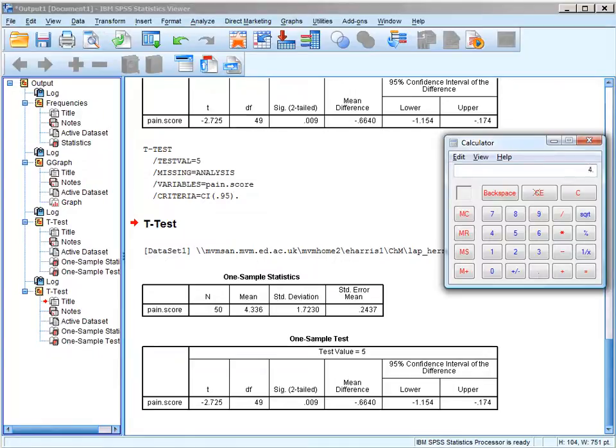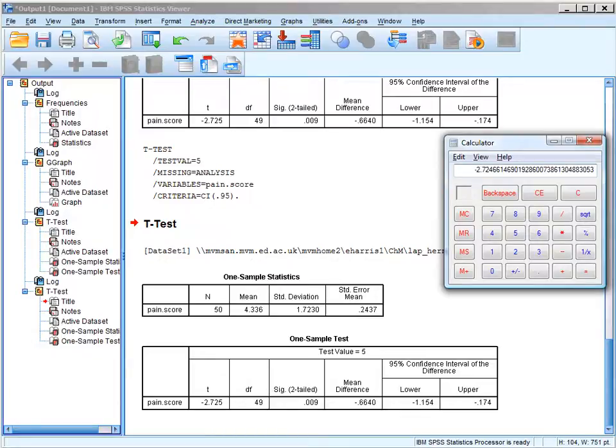This is quite difficult to get across, but it's quite simple to see what's being talked about. So the difference between our sample mean, which is 4.336, and the proposed population mean, which is 5, is minus 0.664, and similarly to what we did before, by dividing by the standard deviation, we divide this time by the standard error of the mean, 0.2437.